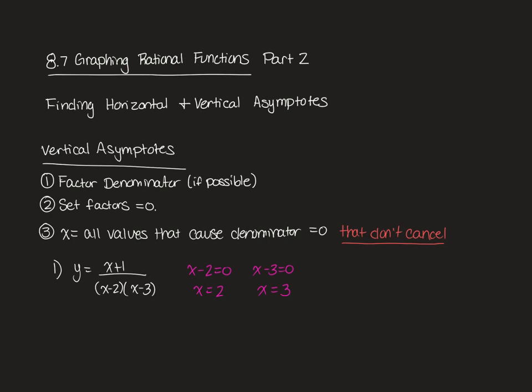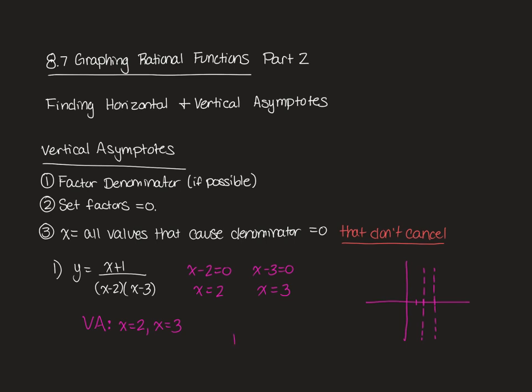Well, no. So we have two vertical asymptotes, and we abbreviate it VA, at x equals 2 and x equals 3. Graphically, at x equals 2, I have an invisible dotted line, and at x equals 3, I have another invisible dotted line.